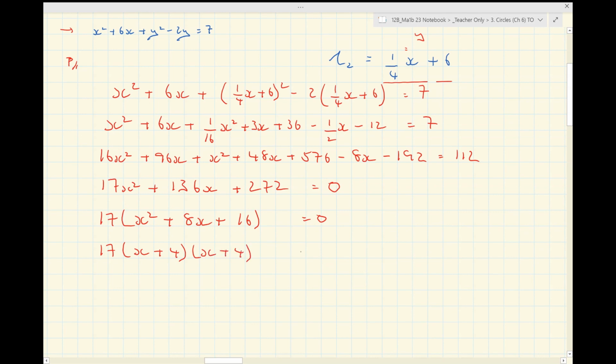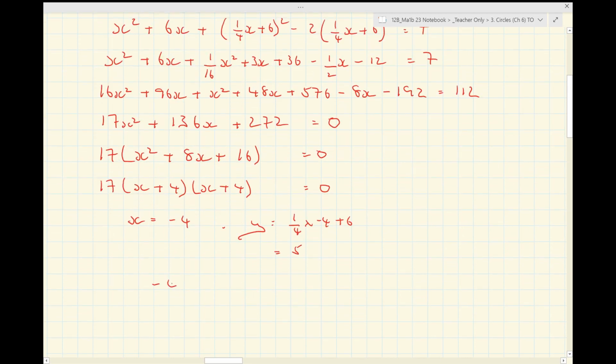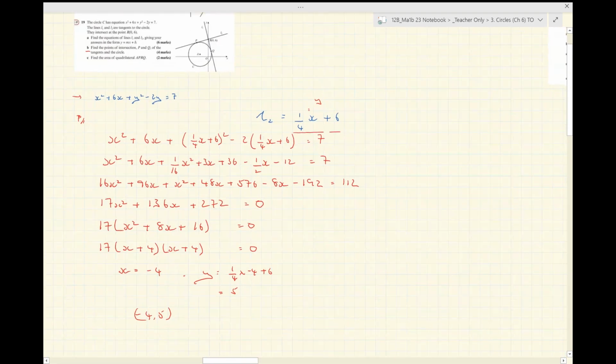Well, I did know there would only be one solution, and the solution is when x is minus 4. And if x is minus 4, then y is a quarter of that, plus 6. So y must be 5. So my point here is (-4, 5). And that is part B finished.